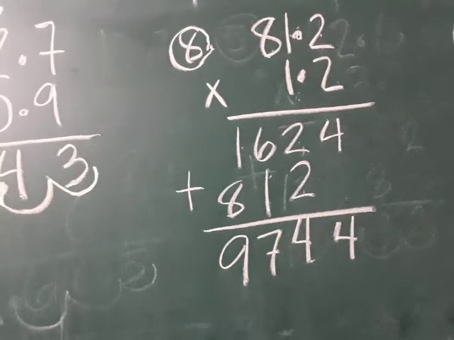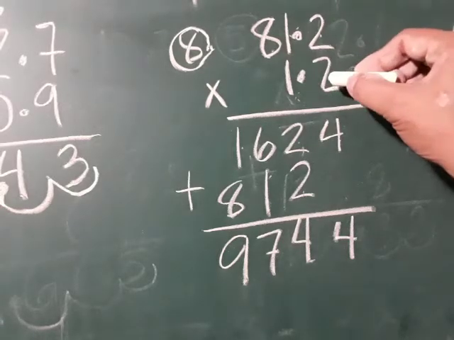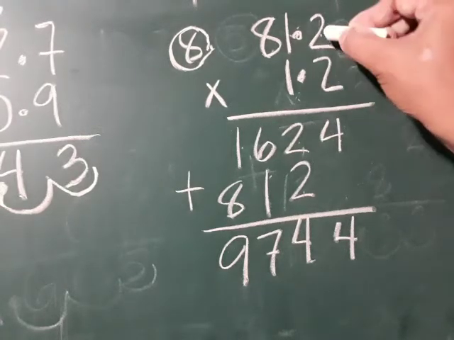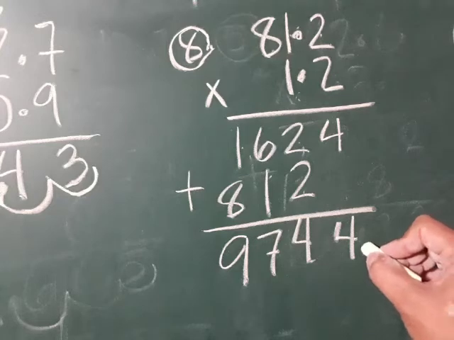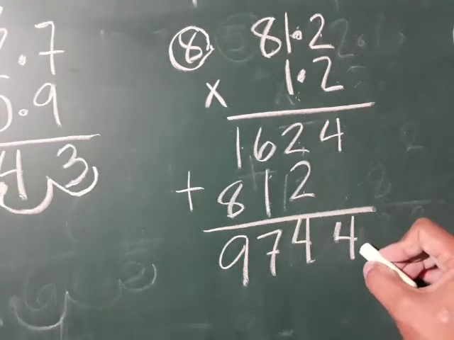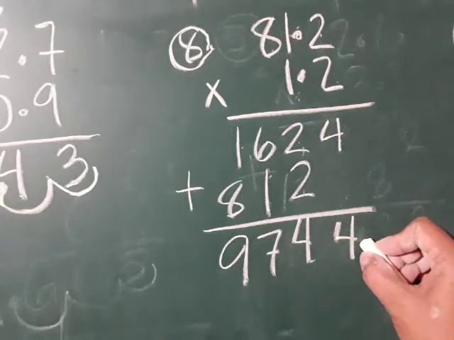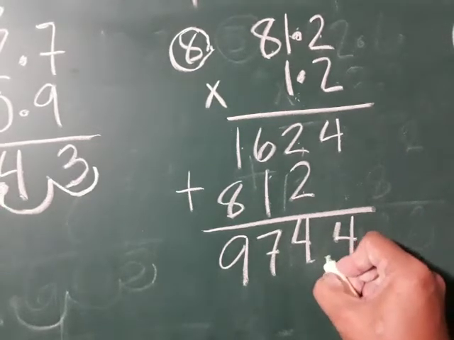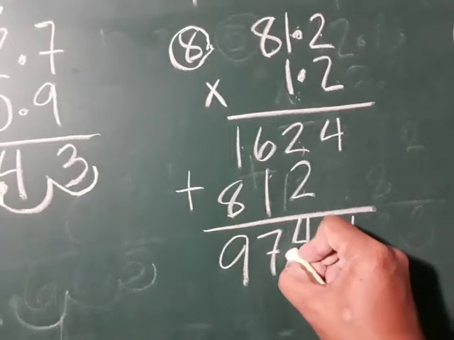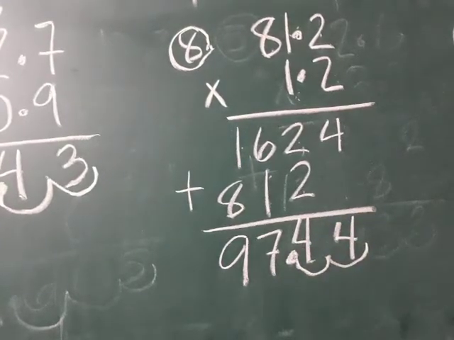Okay, next step, count the number of decimals on the right side of the given number. 1, 2. And then let's jump twice or 2 times backward to the product. 1, 2. So your answer is 97.44.